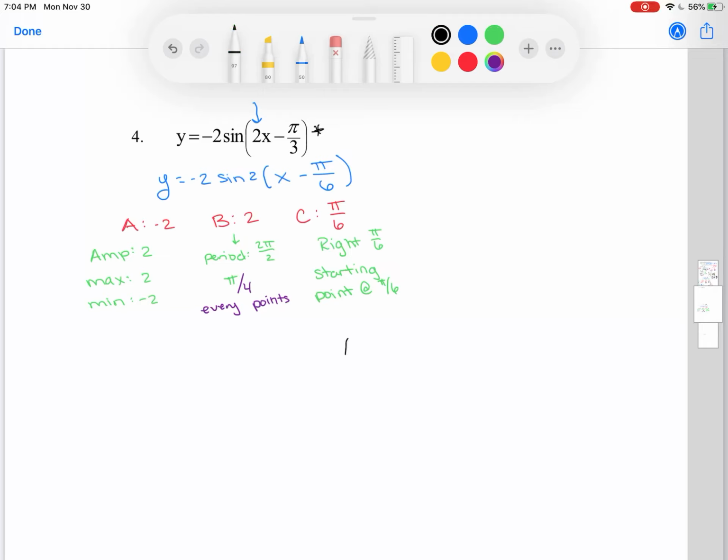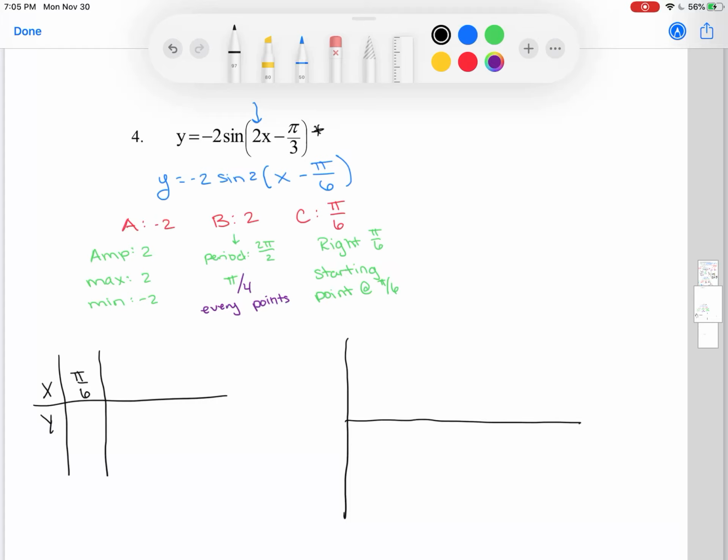Go ahead and make my graph. I'm going to be on the right side this time, so I don't need anything on the left. Make my XY table if I need it. Starting at pi over 6. And I'm going to add pi over 4 to get everything else. So point 2, third point, fourth point, and the fifth.